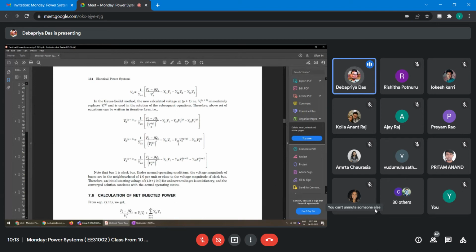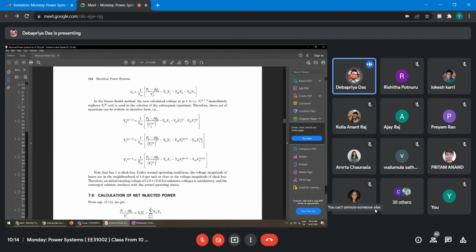Then minus Y32 V2 at p plus 1, because this voltage is immediately calculated. Immediately after that you substitute it, and the convergence will be faster. If you use only V2 at p, it will converge, but it will take more iterations. Whatever values you got before computing V3, you put V2 at p plus 1 instead of V2 at p.